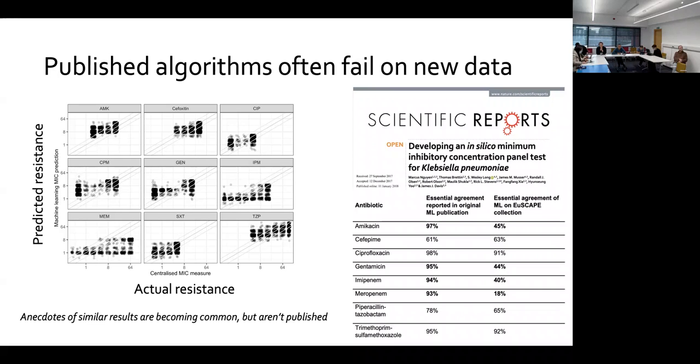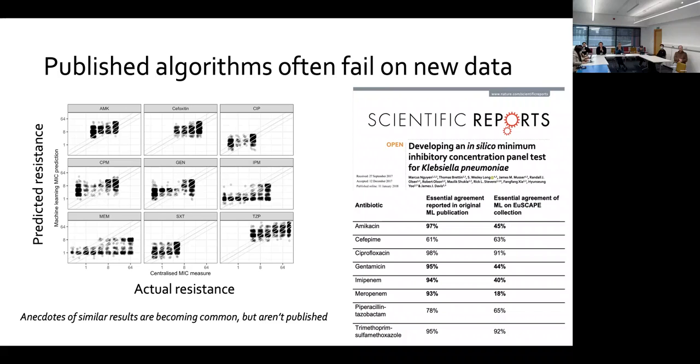The worst performance was 78% accuracy for one drug, and the best was 97% accurate for another. But when I tested it on our European isolates, the accuracy ranged from 18% to the best of 92%. So in some cases, the accuracy was much, much lower than they said it should be.